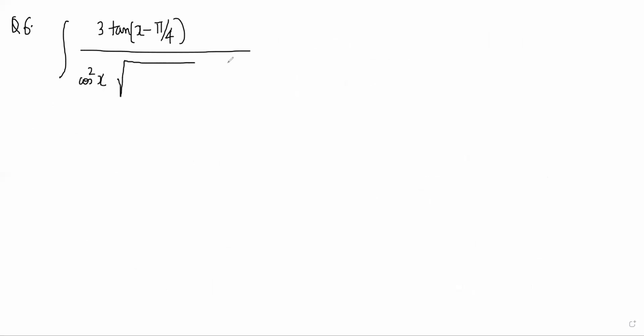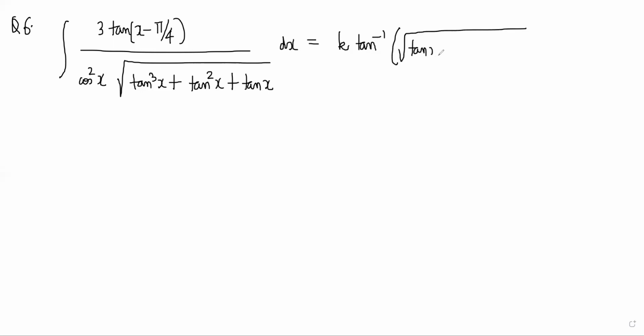This is the integral of (3 tan x minus pi by 4) by (cos square x times root of tan cube x plus tan square x plus tan x) dx, is equal to k tan inverse of root of (tan x plus 1 plus cot x) plus c.